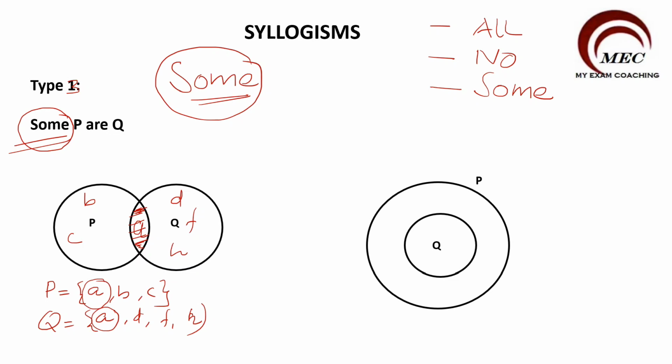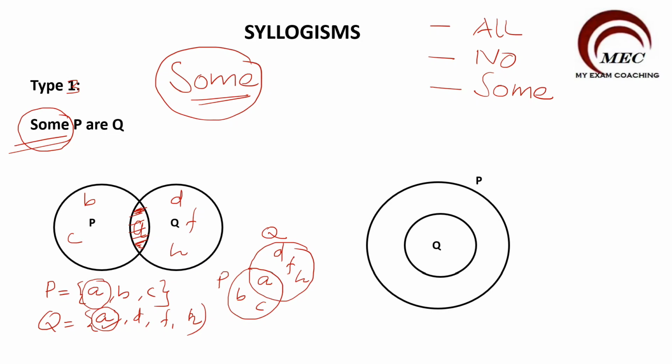For example, let me draw it like this. P is equal to A, B, and C, but Q also includes A. So A is common, and I can draw Q like this: A, D, F, H. So this is your P Venn diagram and this is your Q set. P and Q are two different sets.